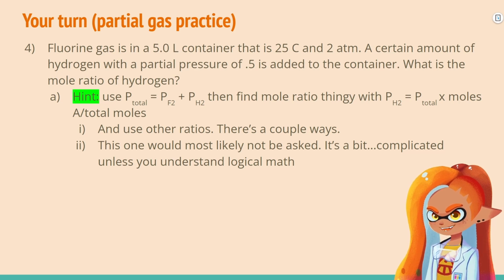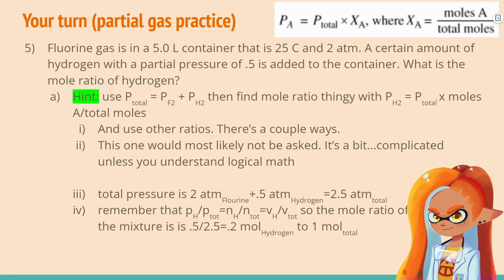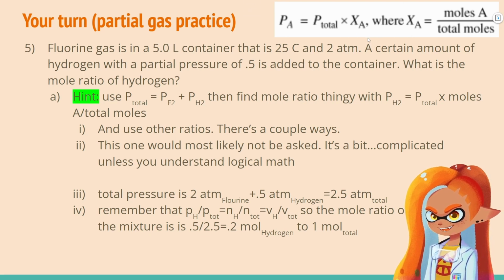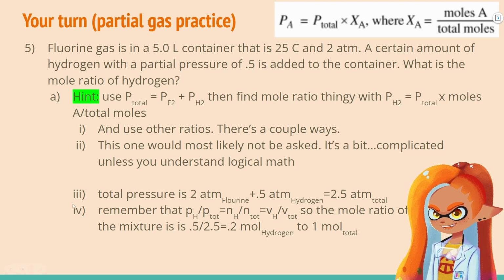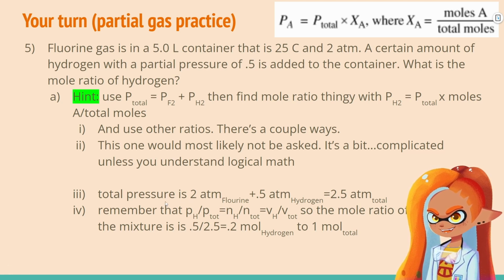All right, ready? Here we go. So we're using the relationship here in order to do some stuff. And so on the bottom here, I have my total pressure by getting my fluorine and getting my hydrogen to get the total atmospheres.